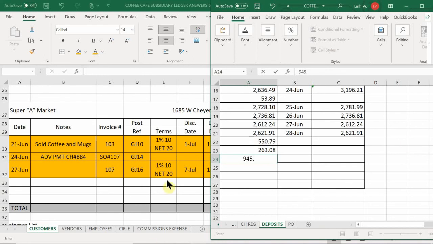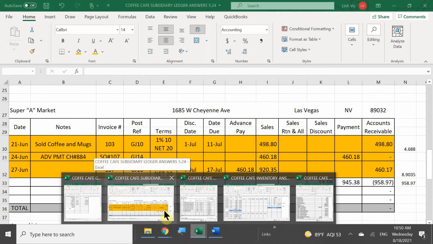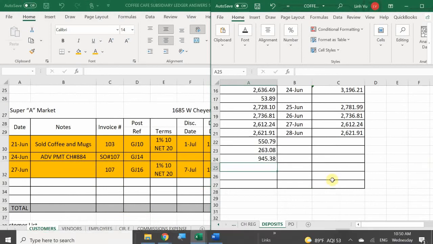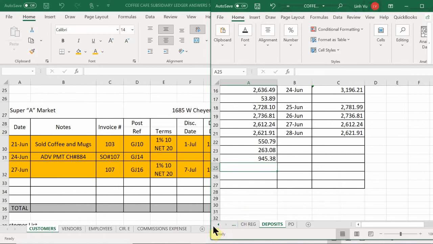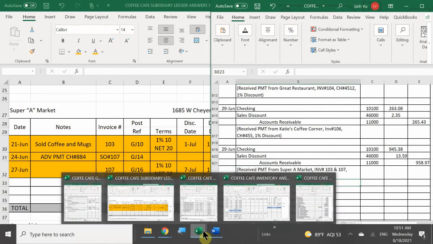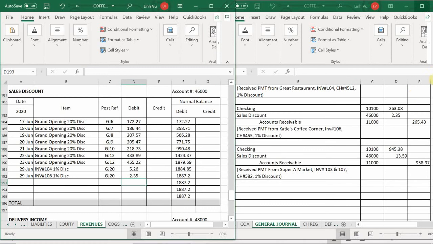And I already forgot. $945.38. Okay. So let's go ahead and plug those values into our ledger.